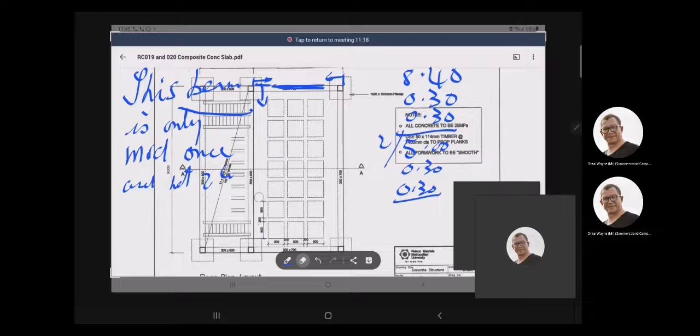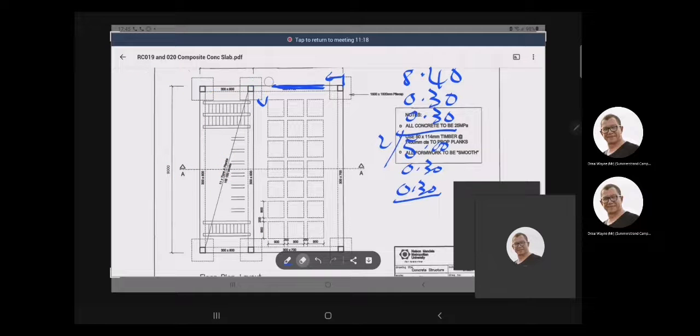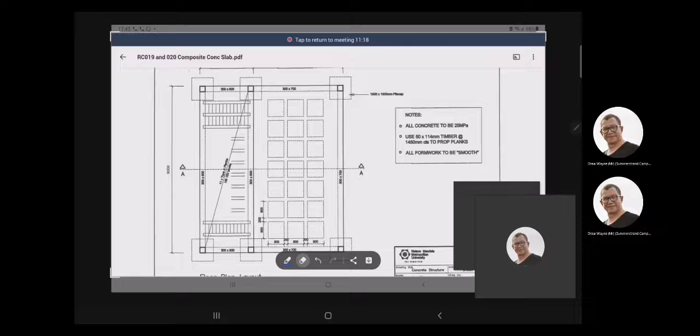Okay. But when I look at it, I've already measured the concrete overall from there to there. But I need to now look at the formwork. The formwork that I need to now look at would be the formwork around the flat section that I am now shading in over there.